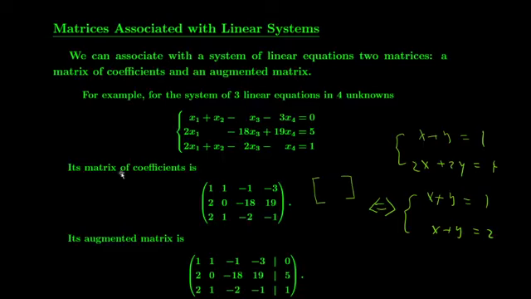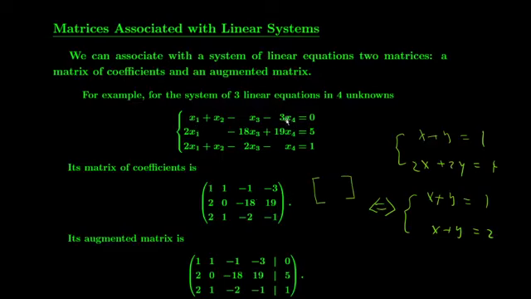Now let's take a look at how we form the matrix of coefficients. These are the numbers coming from the coefficients of all the equations. Now look at the first row. The first row has all the coefficients of the unknowns in that equation, right? You see the coefficient of x1 is 1. It gives you that 1. Now let's say the coefficient of x4 is -3.